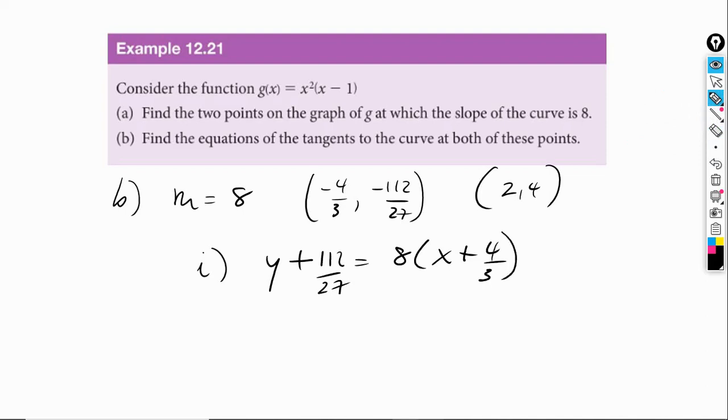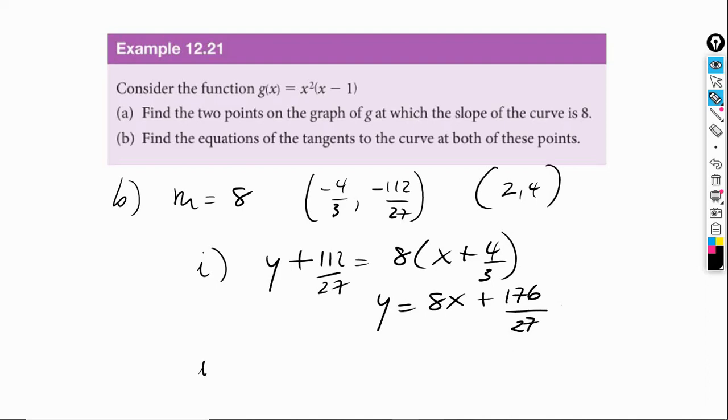Okay, so if we expand this and rearrange it, we're going to get that y is equal to 8x plus 176/27. So this would be the first equation.